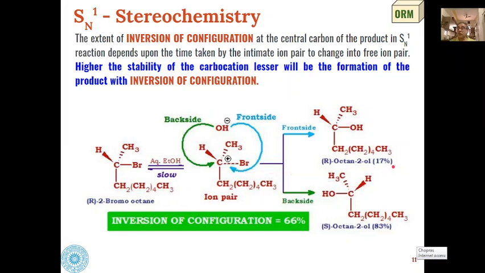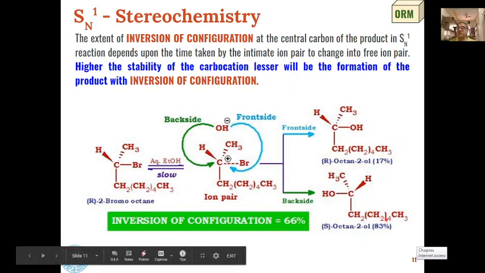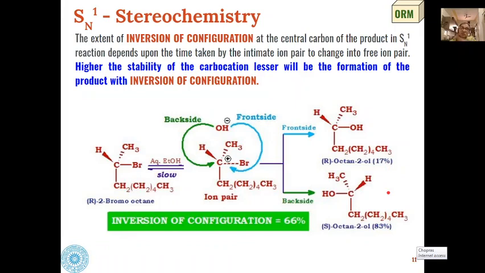And we know that 17% of R and 17% of S, they will combine to give us racemic mixture, and 83 minus 17, that will be the inversion of configuration. So 66% of the product will be formed with inversion of configuration, and 34% of the product will be the racemic mixture.